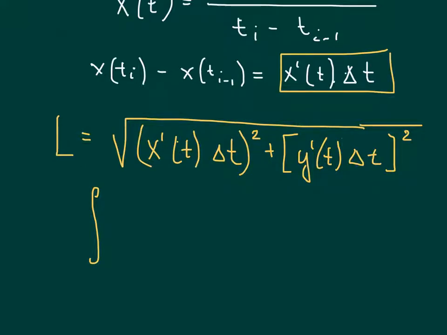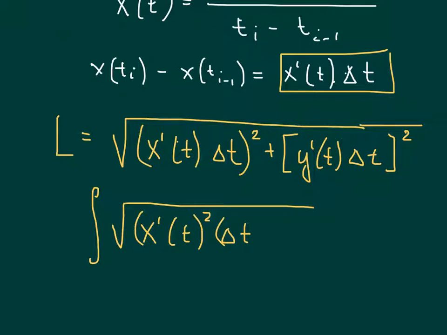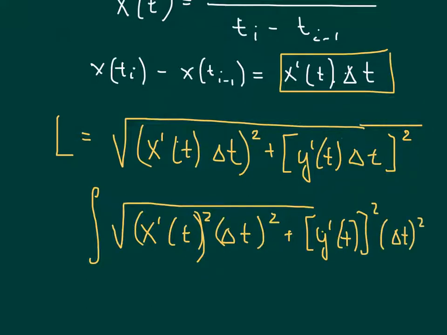And what I'm going to do is write this out a little bit. We're going to have x prime of t squared delta t squared plus y prime of t squared delta t squared.